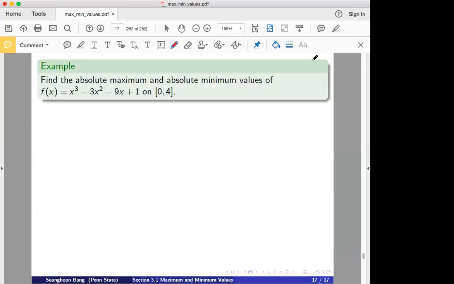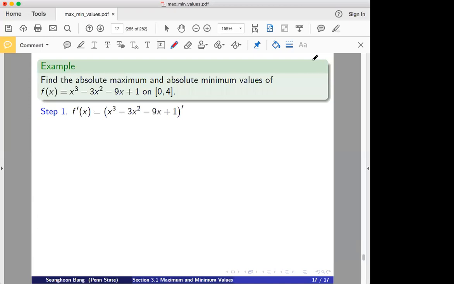Example: find the absolute maximum and absolute minimum values of f(x) = x^3 - 3x^2 - 9x + 1 on the closed interval [0, 4]. Step 1.